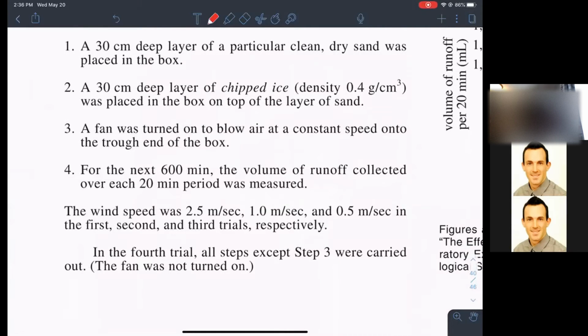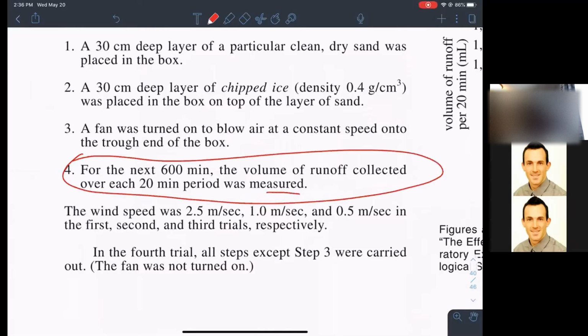For the next 600 minutes, the volume of runoff collected over each 20-minute period was measured. Again, this identifies and confirms the dependent variable. The wind speed was this and this in the first, second, and third trials, respectively. In the fourth trial, all steps except step 3 were carried out, so you did not have the fan on. And so that identifies that 2.5, 1.5, and 0 are going to be your independent variables.